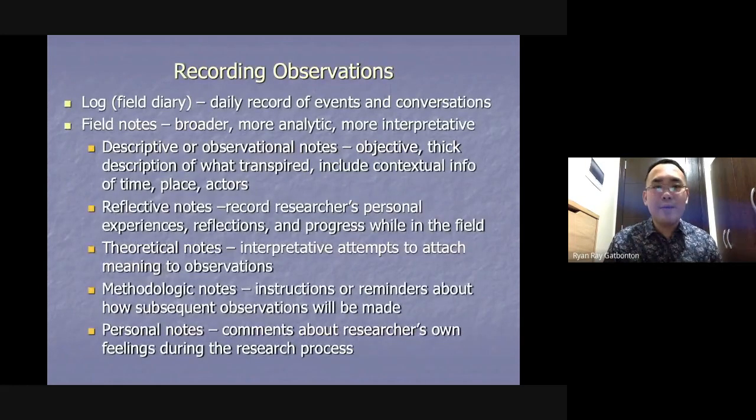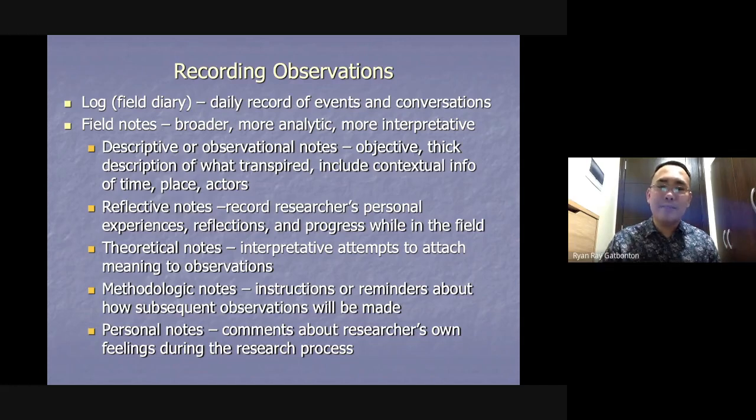Now, when we record our observation, we can always use our notes. We can have a log or a field diary, which is a record of our events and conversations. Or we can have field notes, which is broader, more analytic, and more interpretative. Field notes can be itemized into the following.